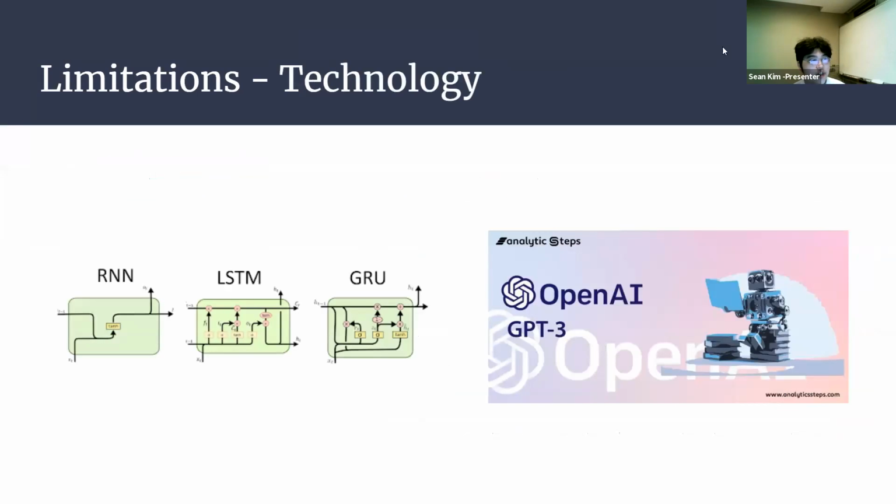Another limitation is technology. RNN, LSTM, and GRU are all great pieces of technology that I used, but it was used because it was very accessible, and relatively very cheap to use compared to state-of-the-art solutions such as GPT-3, and also because state-of-the-art technology such as GPT-3 is very hard to implement, especially as a student, because it requires a high proficiency level of coding.